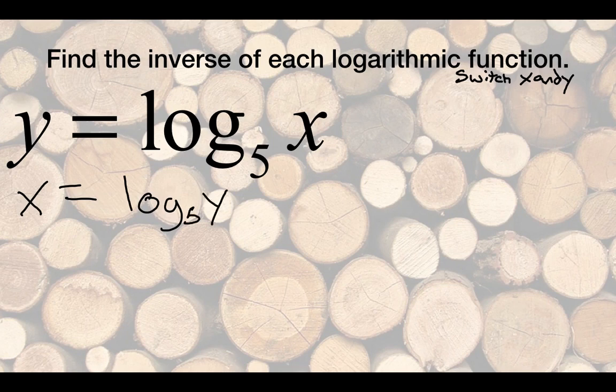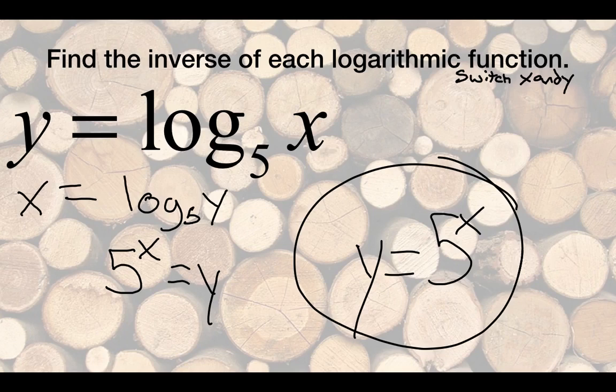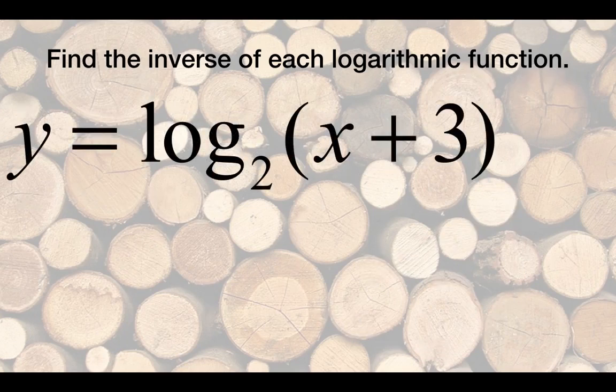Now, I want to have y by itself, and you might remember this, I'm going to use the inverse. The inverse of a log is an exponential. So I'm going to just rewrite this as 5 to the x equals y, or y equals 5 to the x, as I would like it to be at the end.